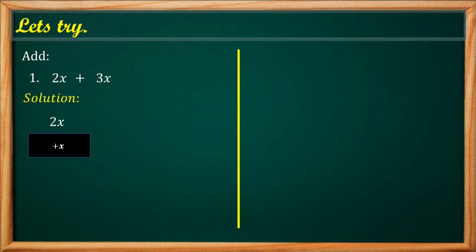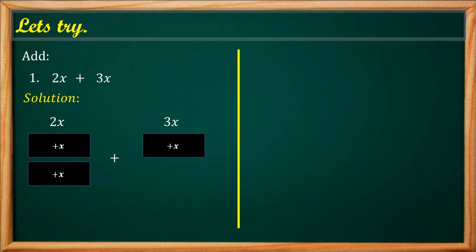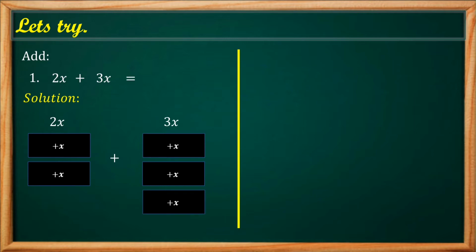Therefore, since 2x yan, we need 2 block rectangles, that is positive. Then, plus, we have here 3x. Since 3x, meron tayong tatlong block na positive x, o block na rectangle. Tatlo yan.